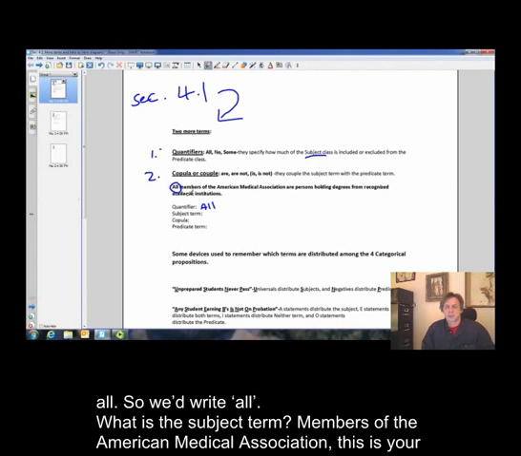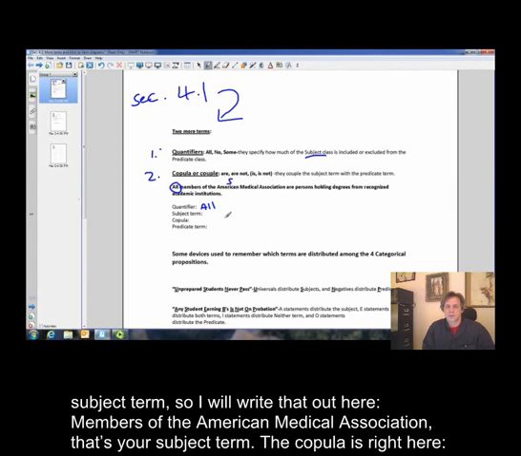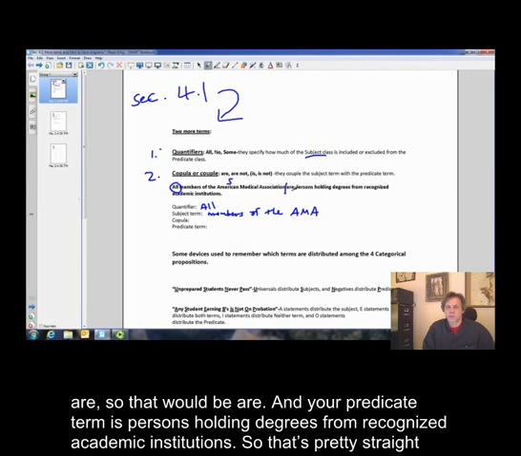What's the subject term? Members of the American Medical Association. This is your subject term, so we'll write that out here. Members of the American Medical Association. The copula is right here: are.